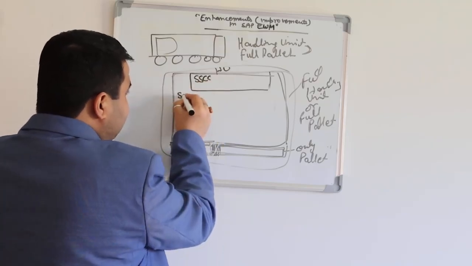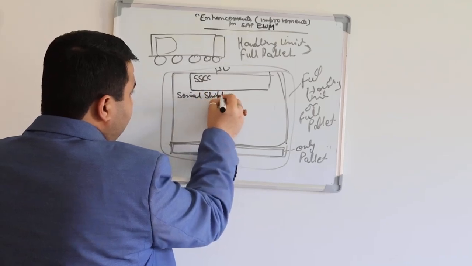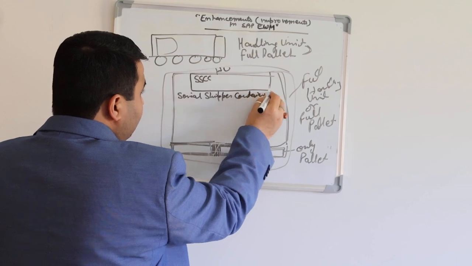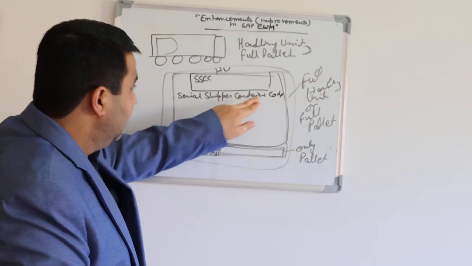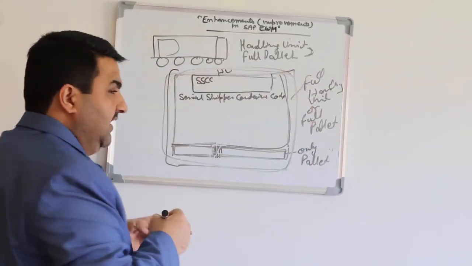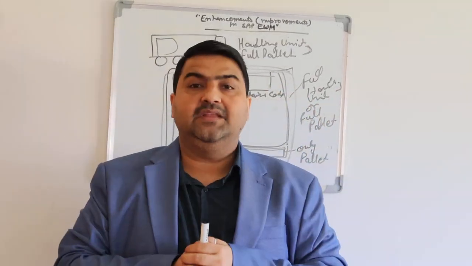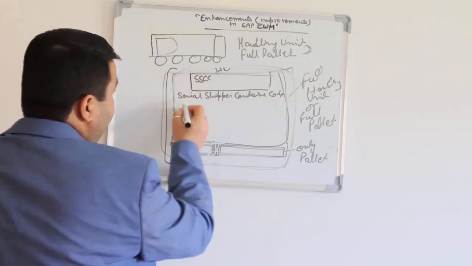SSCC means serial shipper container code. Very simple. This is a container. HU is nothing but a container, a box where we have the product. So, what is the meaning of SSCC?